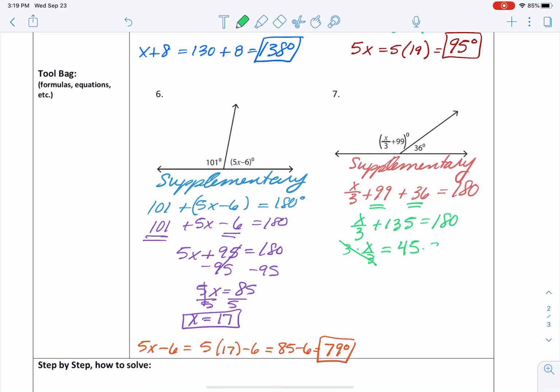Then we multiply by 3. And x equals 135.